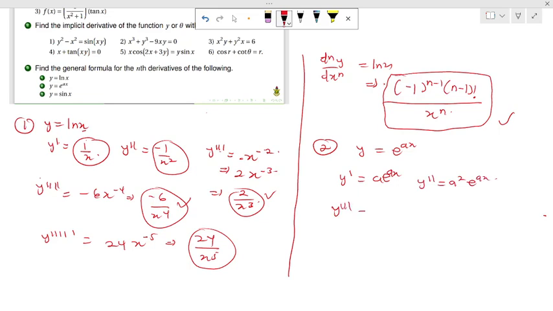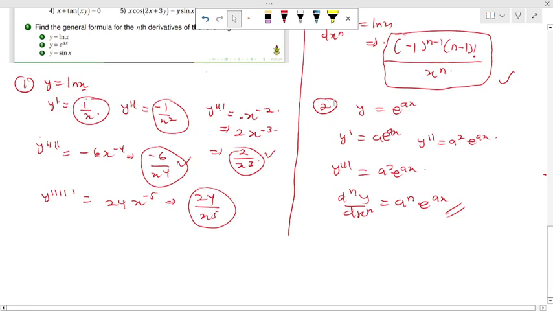Our third derivative will be equal to a cubed e to the power ax. What is it telling you? So generally, the nth derivative of y over x to the power n is simply equal to a to the power n, that is, first derivative it was 1, second it was 2, third 3, multiplying e to the power ax. As simple as that.